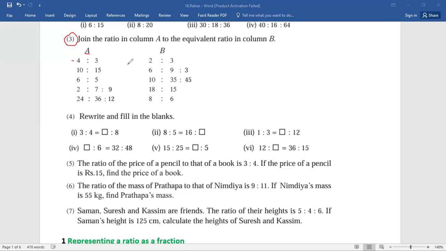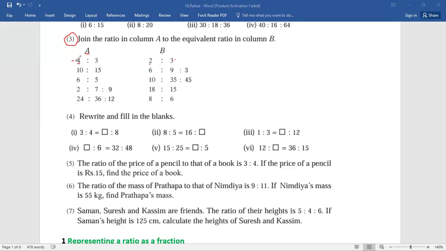Here you have 4 and here you have 3. Let's take the first one of B. You can convert number 4 into number 2. How?